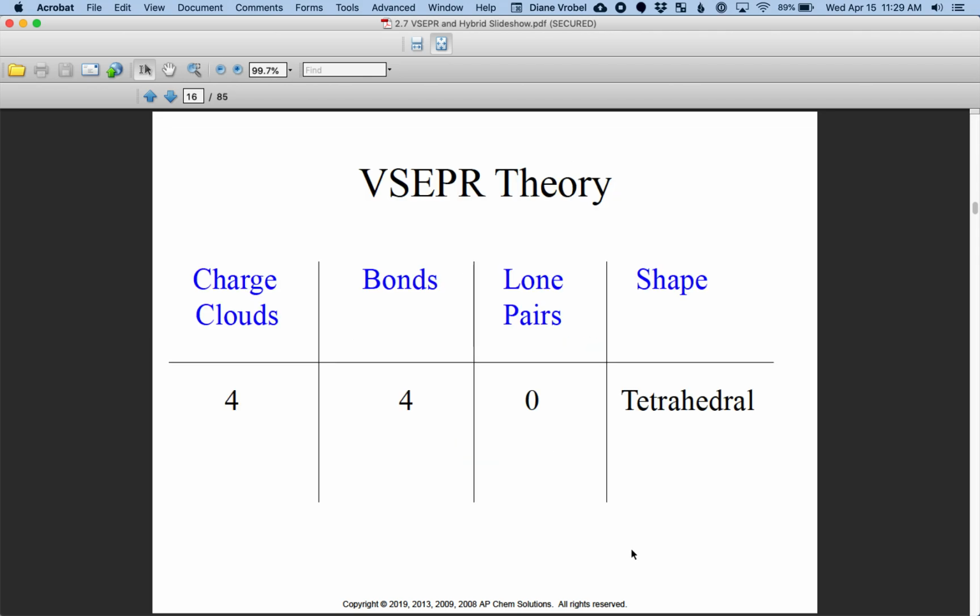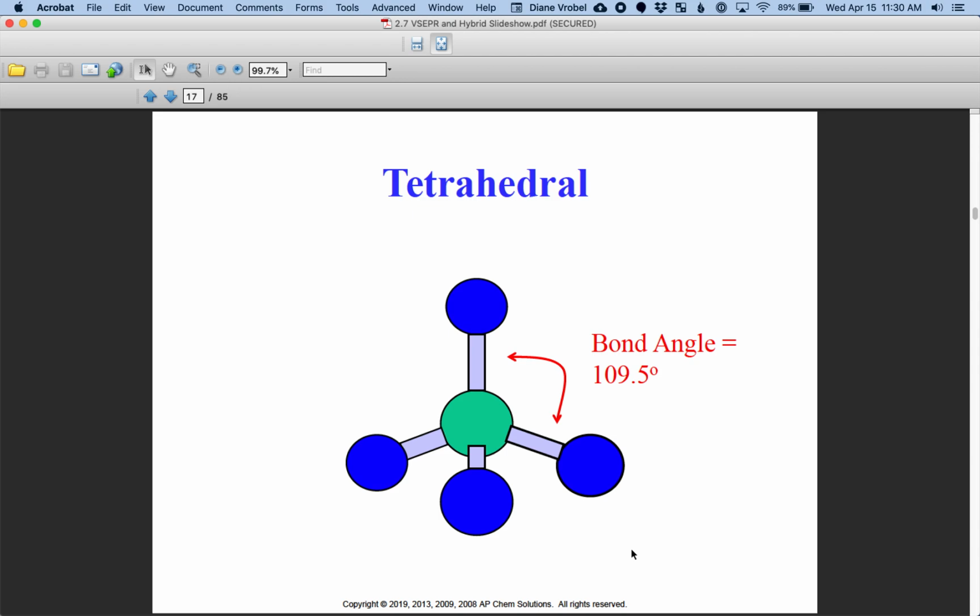But the amazing thing is with the tetrahedral, it actually pushes itself into another shape, which is a 109.5 bond angle. This is the sweet spot where hydrogen and carbon coexist, minimizing the repulsion between covalent bonds. So I would definitely know the bond angle 109.5.